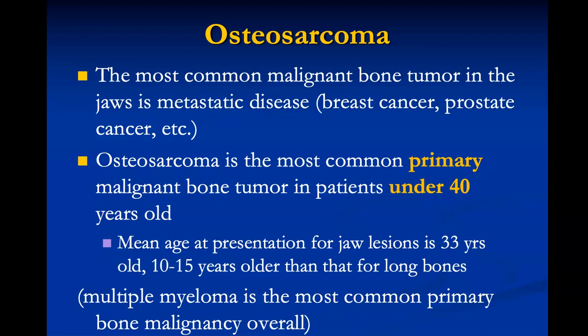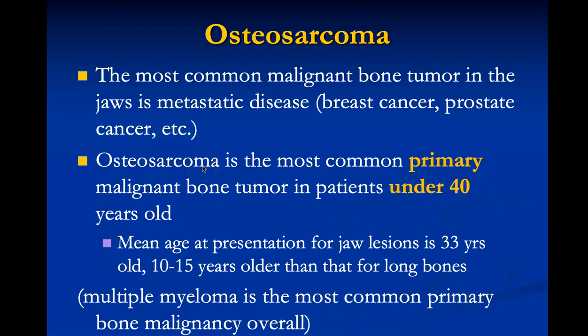That is the most common malignant tumor of the jaw bones. If we talk about primary bone lesions, or a lesion that starts within that particular bone, and we're looking at the jaws, then multiple myeloma is the most common primary bone malignancy, and osteosarcoma is the second most common primary malignancy.